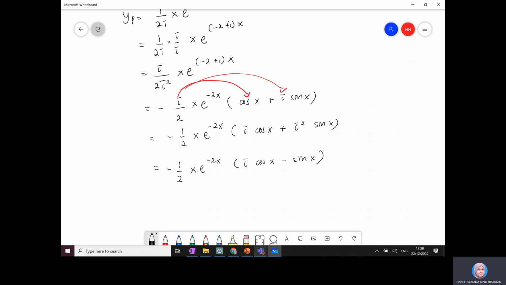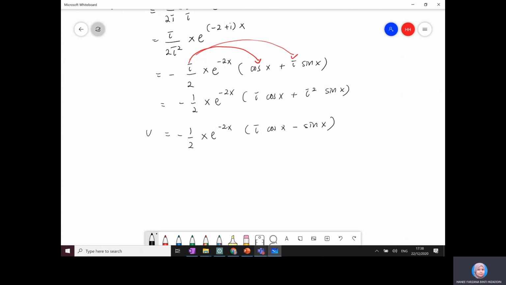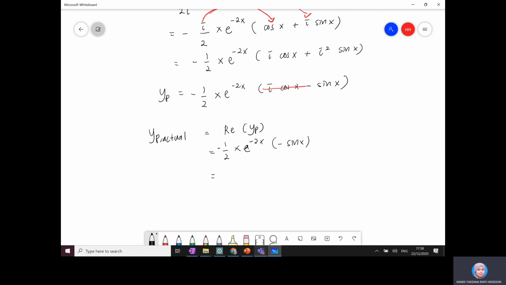Notice how things have changed here, because now this is your yp, but your actual yp is only the real part of it. The real part of your yp is the one that does not involve this i term. So the real part is -1/2 x e^(-2x) times negative sin x, and the negatives eliminate each other, and you end up with 1/2 x e^(-2x) sin x.